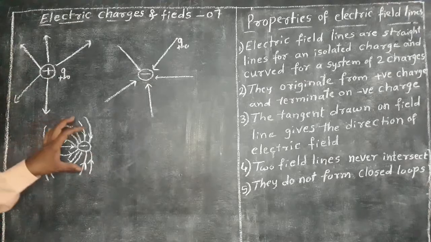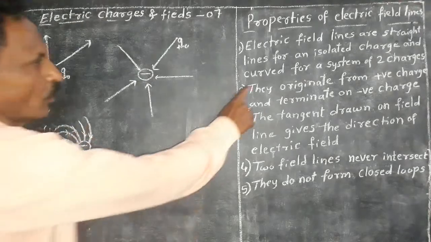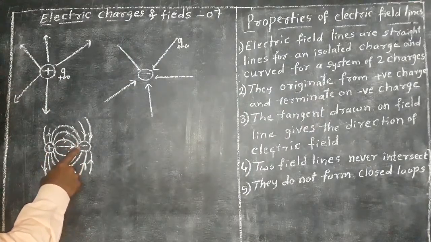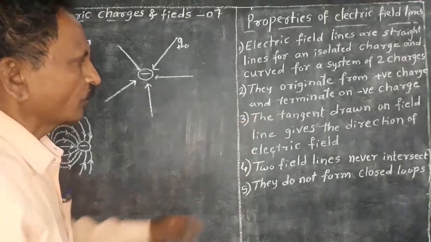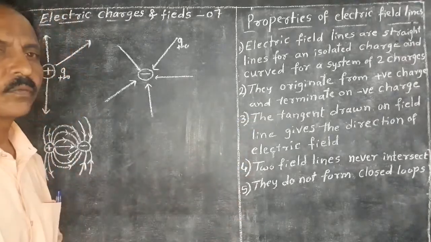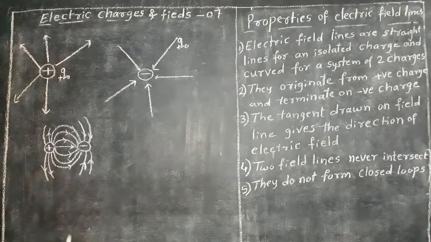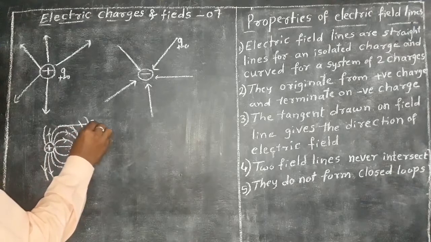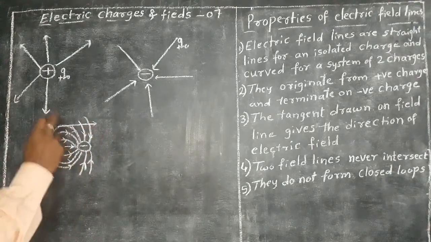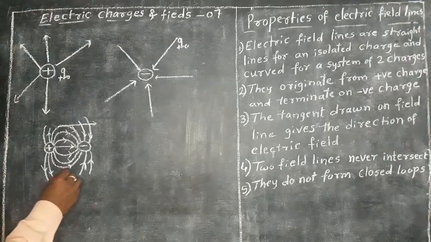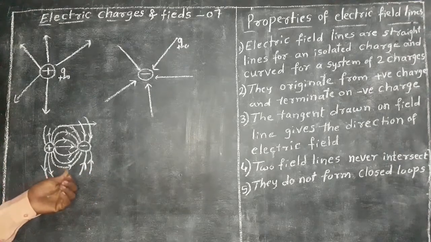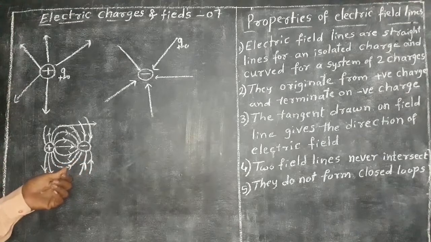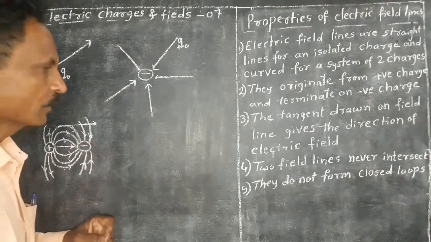The tangent drawn on field line gives the direction of electric field. If a tangent is drawn at this position, it gives the direction of electric field. At any point on this field line, a tangent gives the direction of electric field.